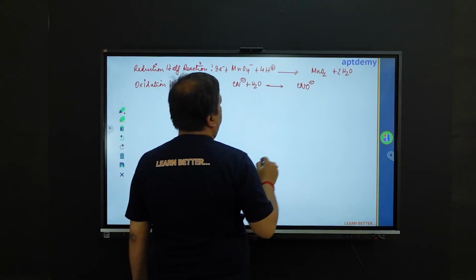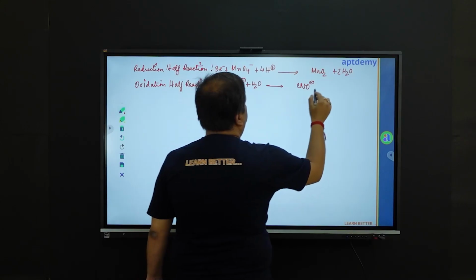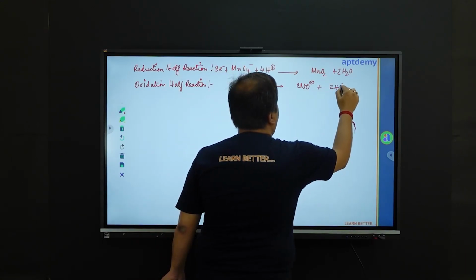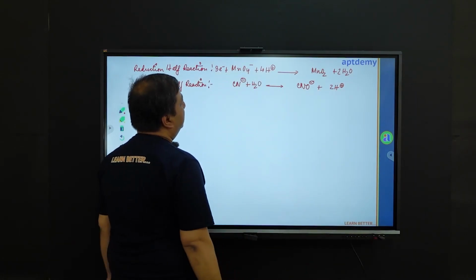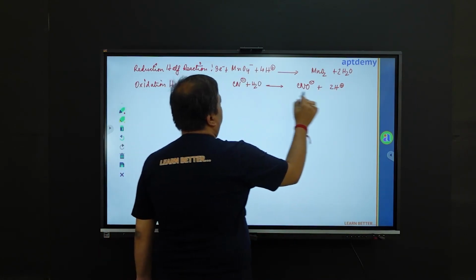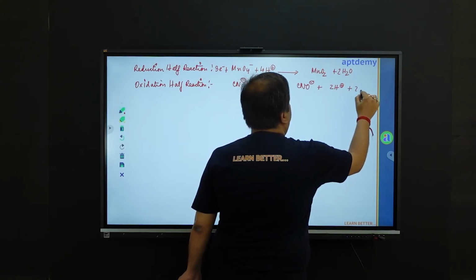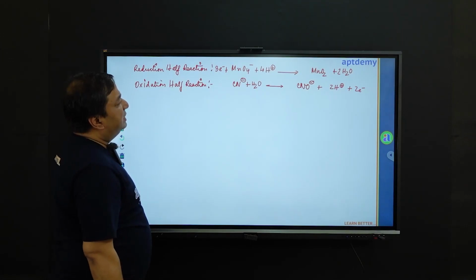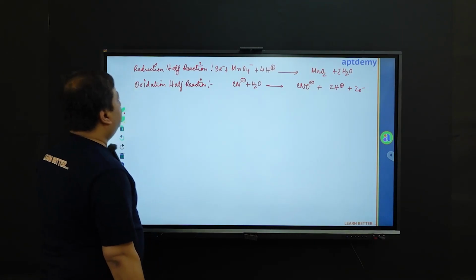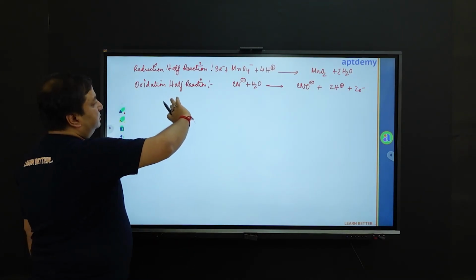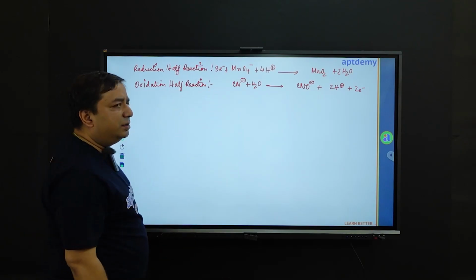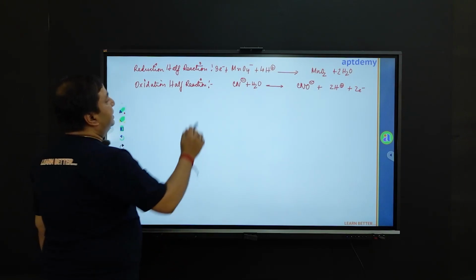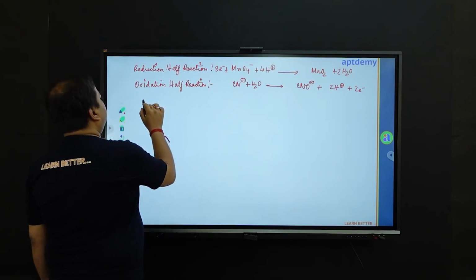And now to balance the hydrogen, we will add 2 protons on the right hand side, and the electrons have to be added on the right hand side. So now this is a balanced equation, but the rule was that after we add the protons, we have to add OH minus ions and then proceed. So again we will rewrite these equations by adding the OH minus ions.